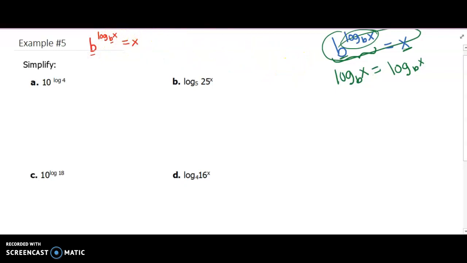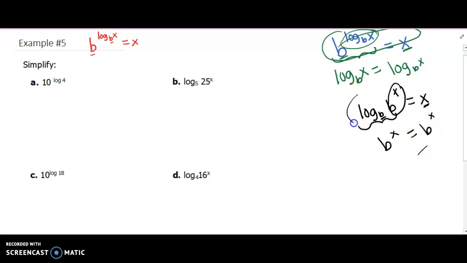Okay, another one that we will use is log base b of b to the x is equal to x. Okay, now to show that this is true, if I write it as an exponential function, I'd have base b to the power of x is going to equal b to the x.